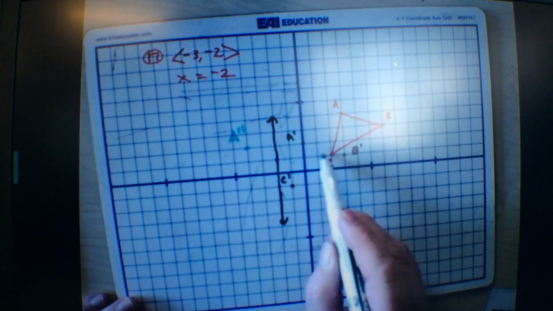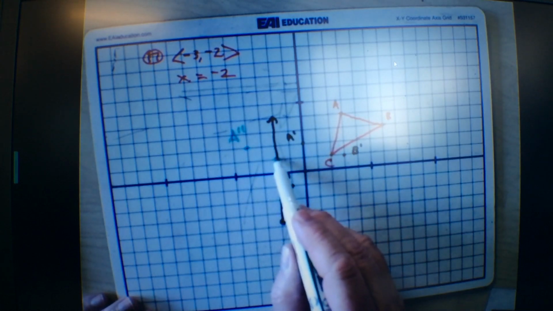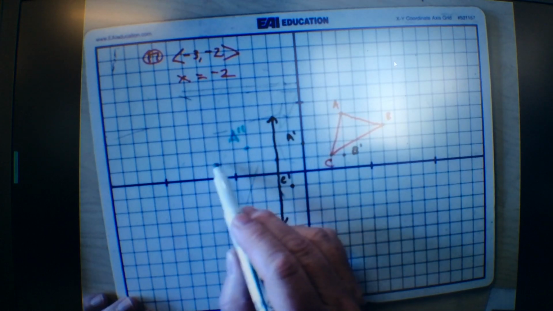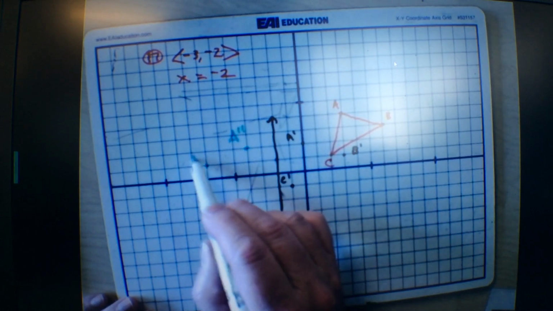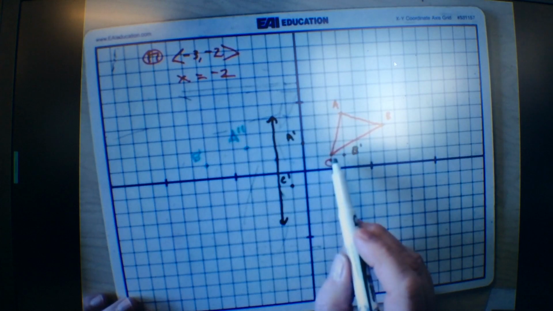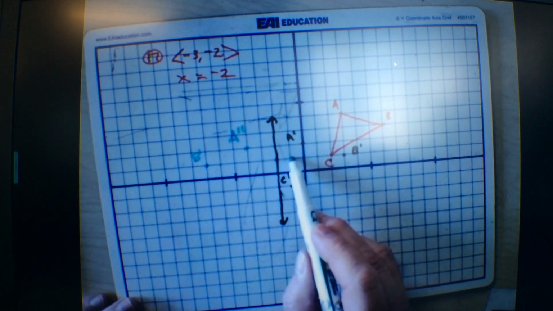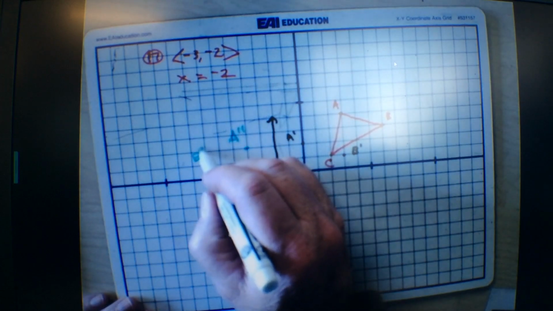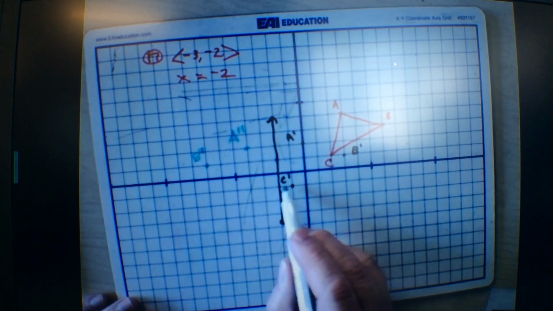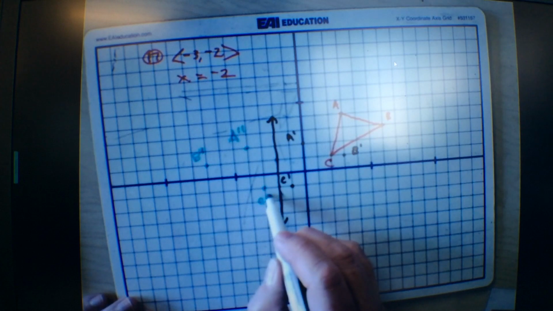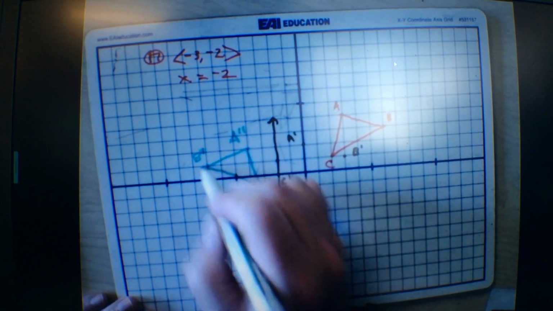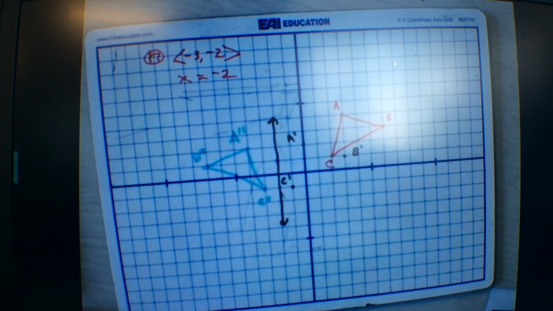This is 1, 2, 3, 4, 5. And then C is 1, 2, 3, 4. There we go. And you're gonna use a straight edge, but is this correct? Okay. And so you'll have to do a glide reflection.